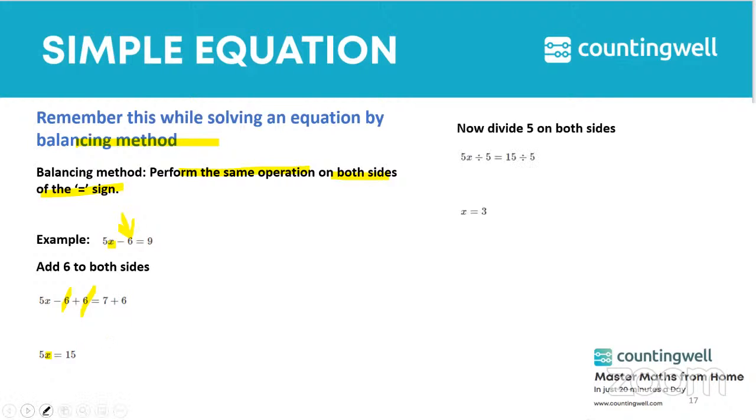You have to divide by 5 on both the sides. So you have 5x divided by 5 equals 15 divided by 5. So we have x equals 3. So this is nothing but the balancing method. We are balancing both the sides in every step by doing the same operation on both sides with the same number.